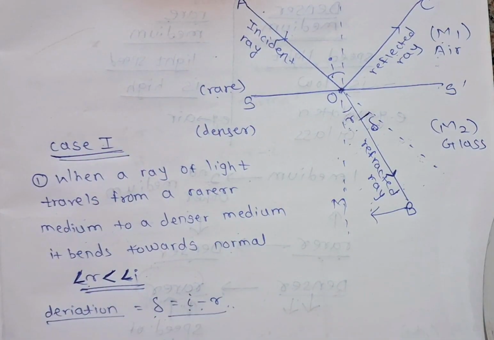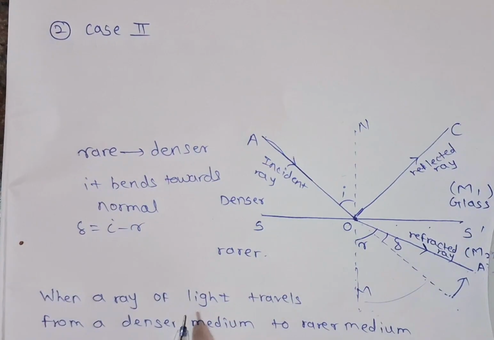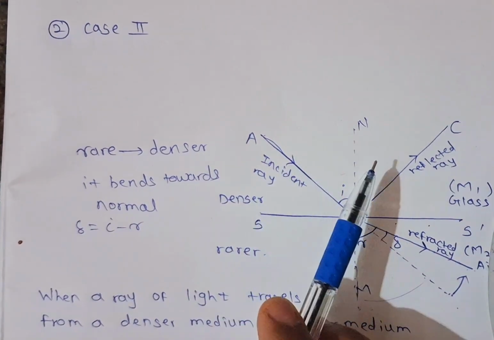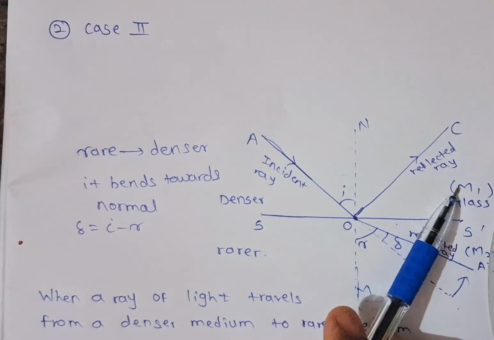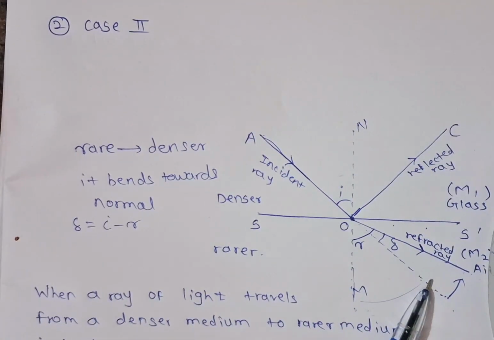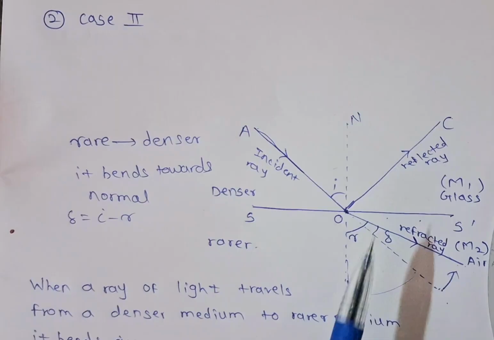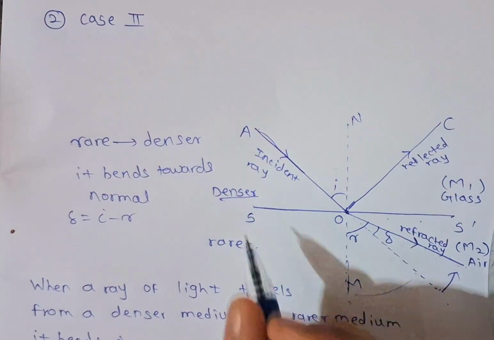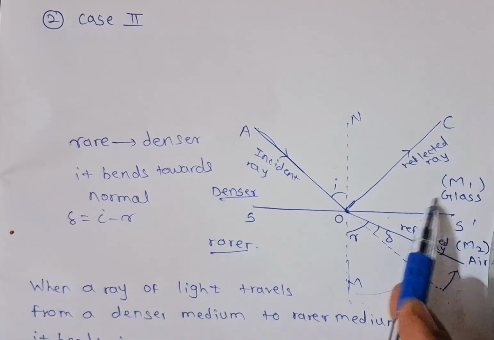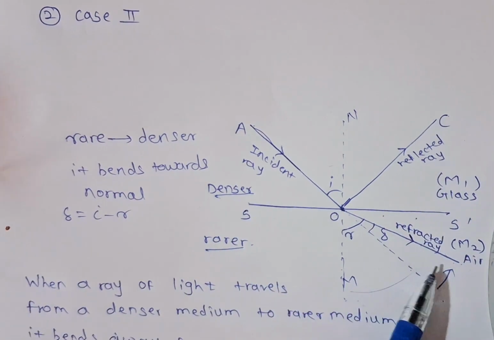Now let's go to the second case. In case 2, medium 1 we take as glass and medium 2 we take as air. So glass is our denser medium and air is the rarer medium, because glass is denser as compared to air.